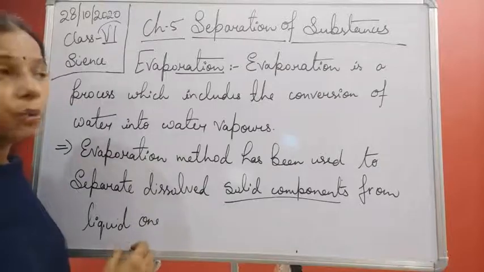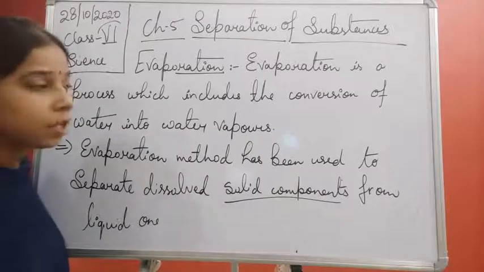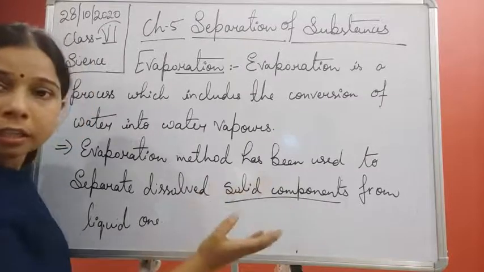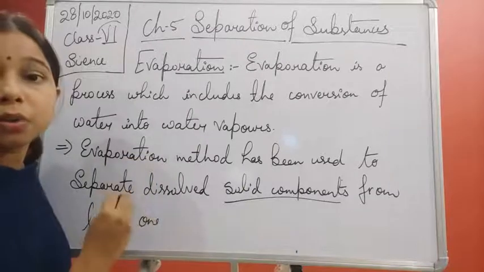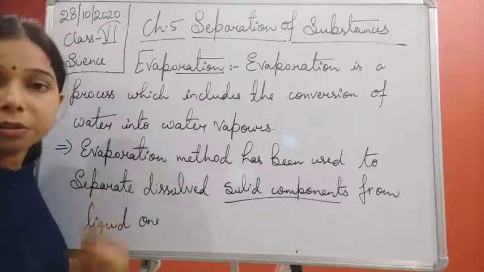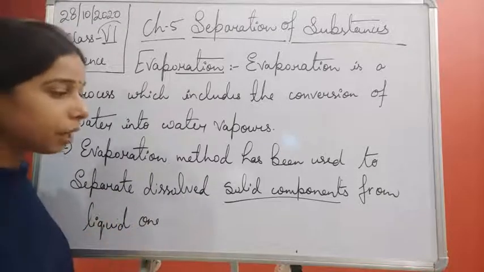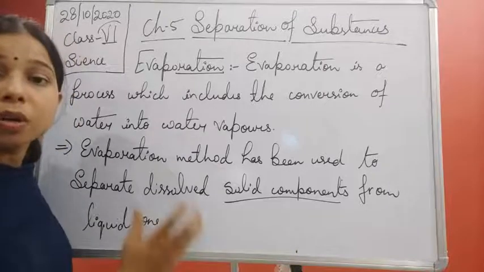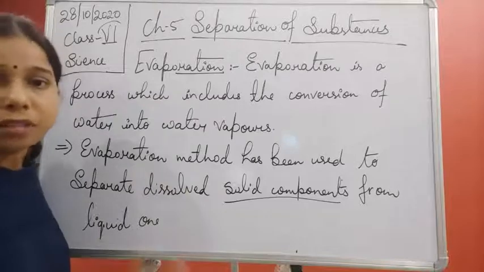And when you apply heat, it is left in the container, and we call the term for it residue. You see students, while using the filter paper, we were using the term residue, and here also we will do the same thing, the solid component will remain in the vessel in the form of a residue only.